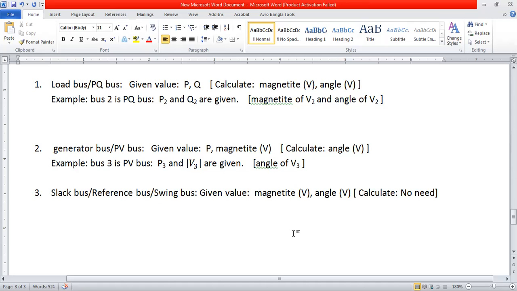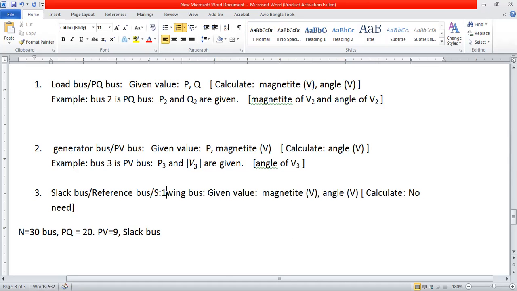So at a glance, if there is a 30 bus power system, and in this power system the PQ, meaning the load buses, number 20, the PV, the generator buses, number 9, and the slack bus or swing bus should be 1.